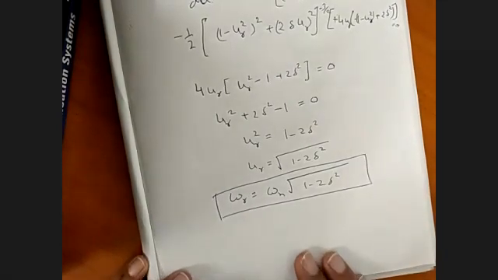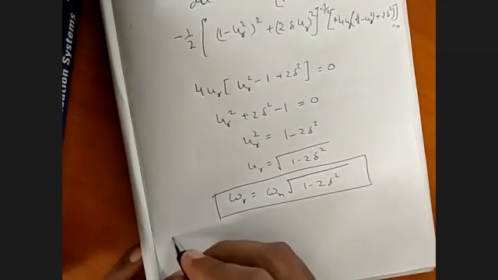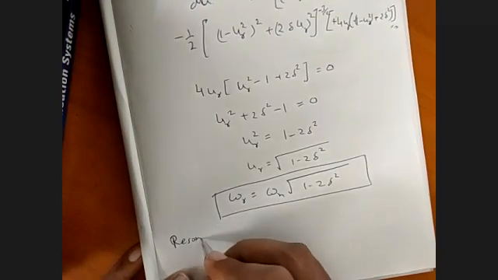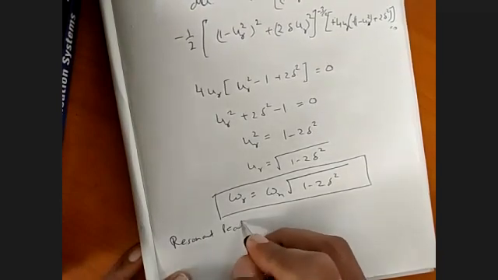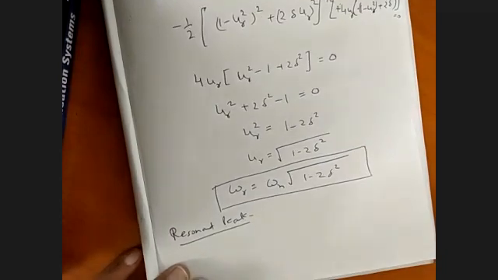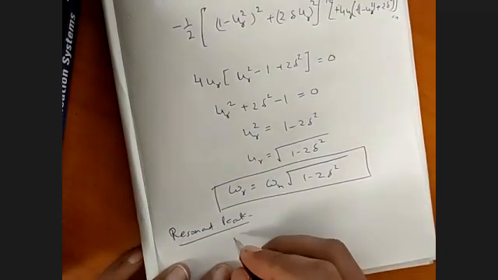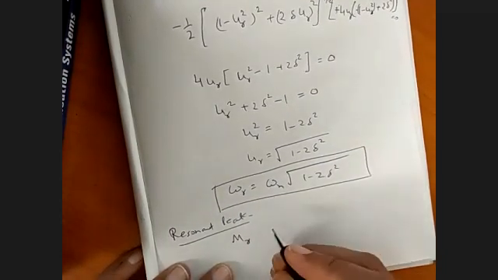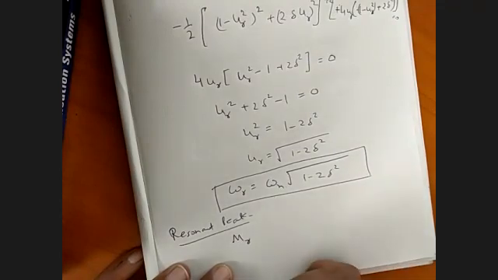So now we have to calculate second term, that is resonant peak. So resonant peak is the magnitude of the signal at resonant frequency.